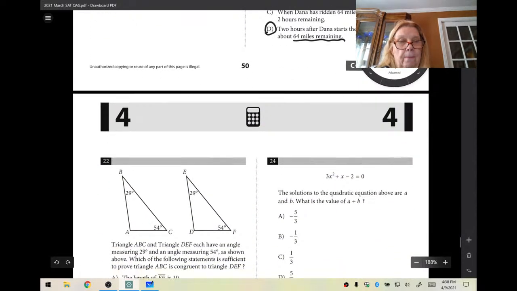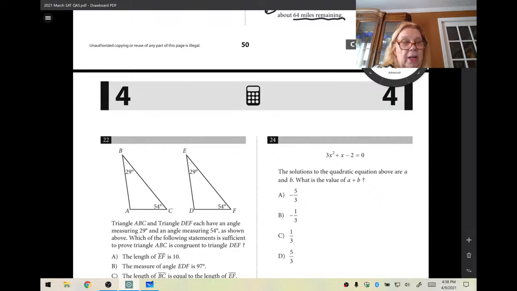22. Triangle ABC and DEF each have an angle of 29 and an angle of 54, which proves congruency. So if they're congruent, we have to have everything the same, the angles and the sides. If we were doing similar, we don't have to worry about that, but for congruent, that means equal.